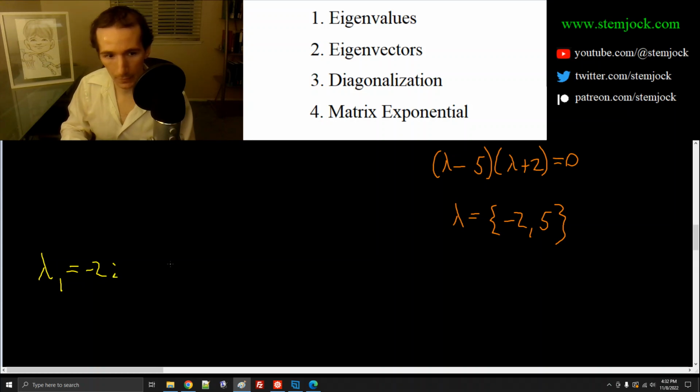So the eigenvector corresponding to this eigenvalue is going to be A minus lambda 1 I times x1 equals 0. Our goal now is to find the eigenvector associated with this eigenvalue.